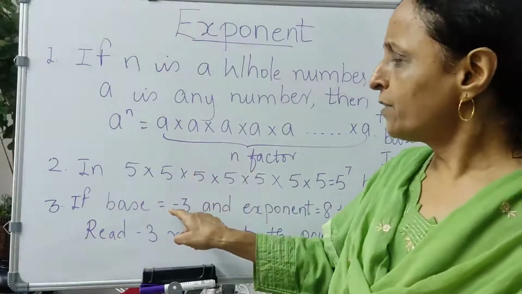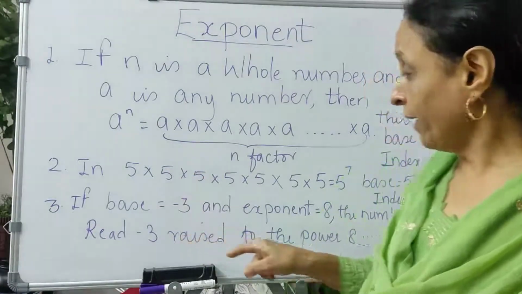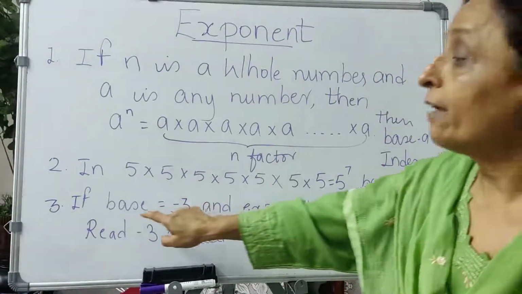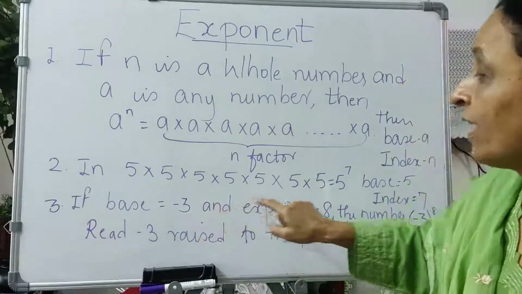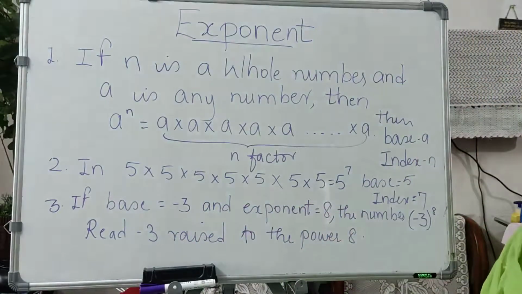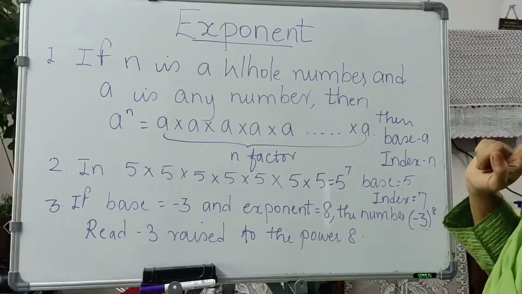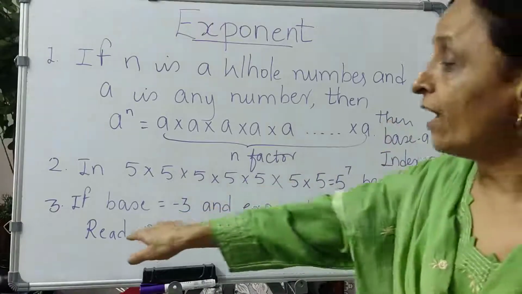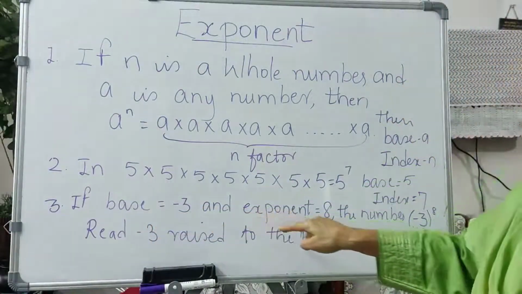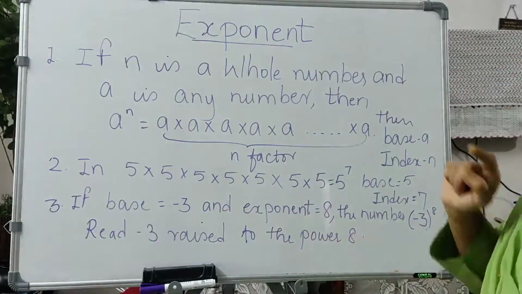Now sometimes a base can be negative. So if the base is minus 3 and the exponent is 8, then the number is written as minus 3 raised to 8. It is read as minus 3 raised to the power 8.